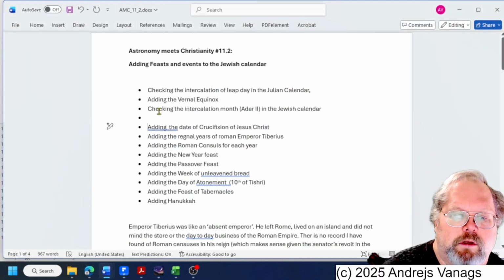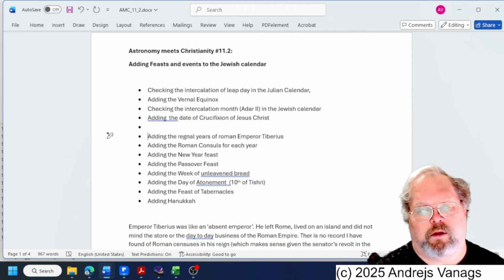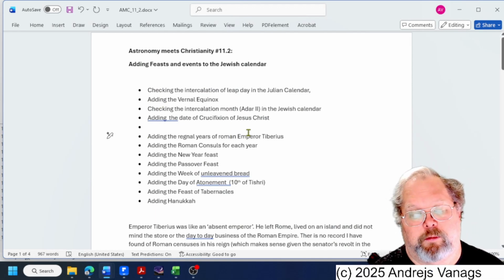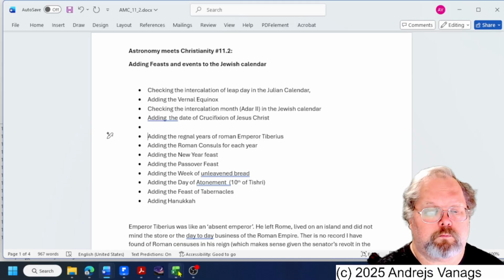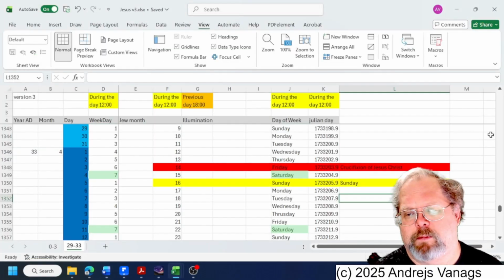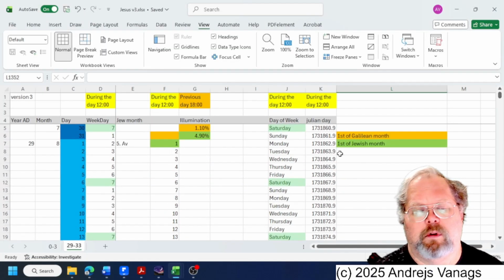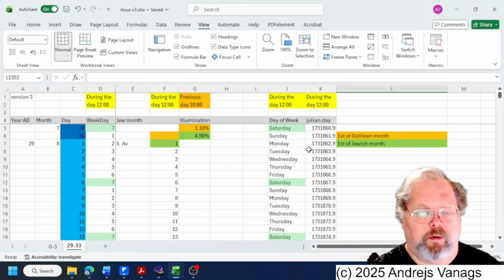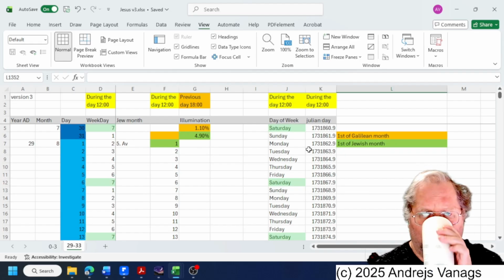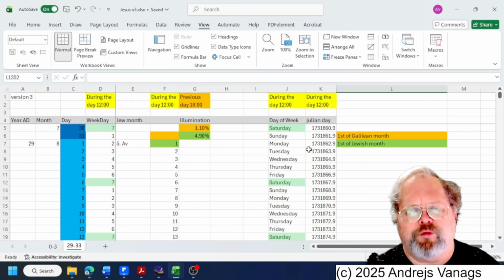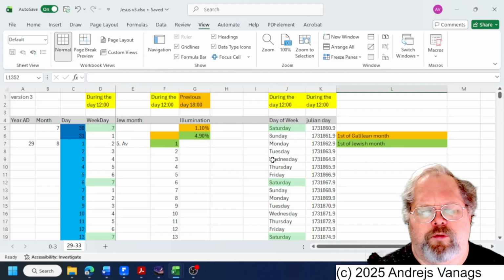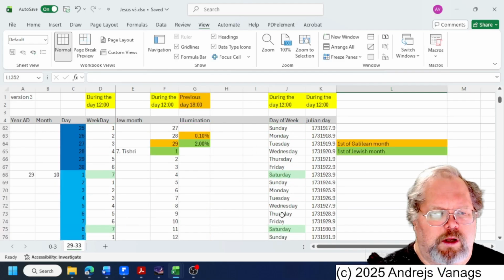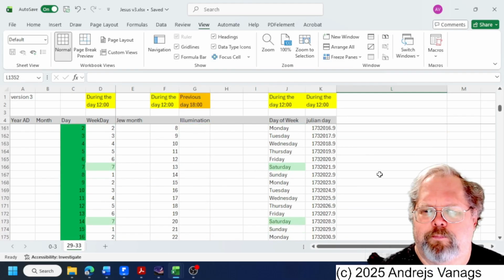So we go down the checklist. Now we can add the regnal years of Emperor Tiberius. Because of all the work we did with eclipses, we know that the first year of Emperor Tiberius, the 15th year, started on year 29, August 29th.